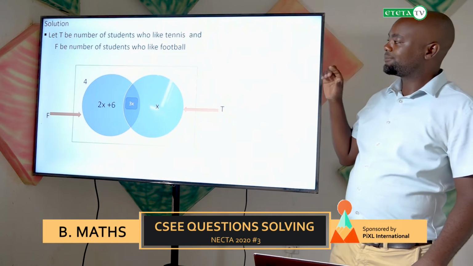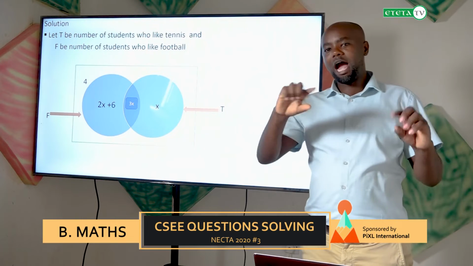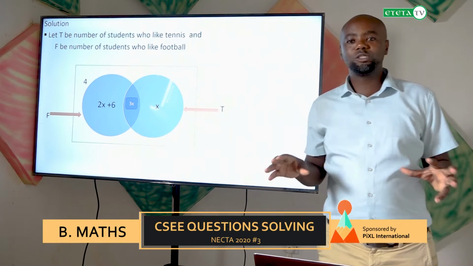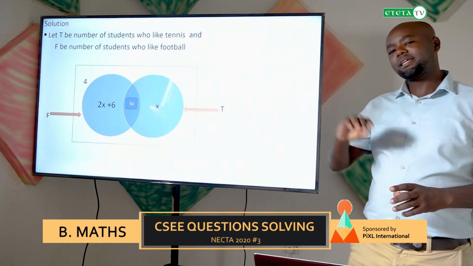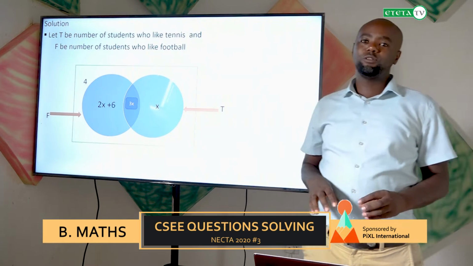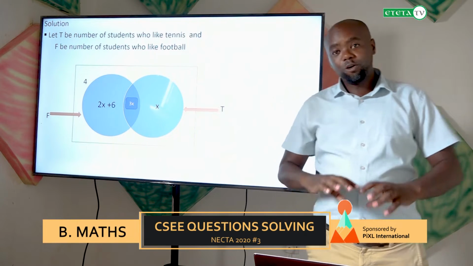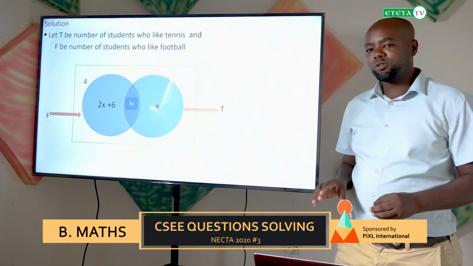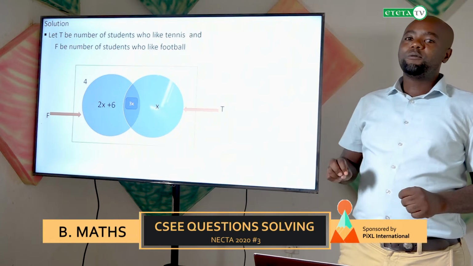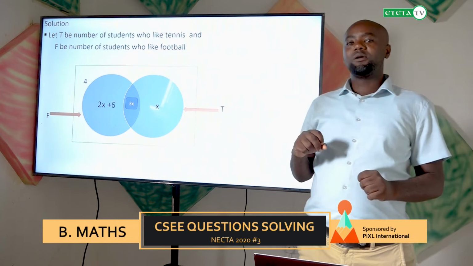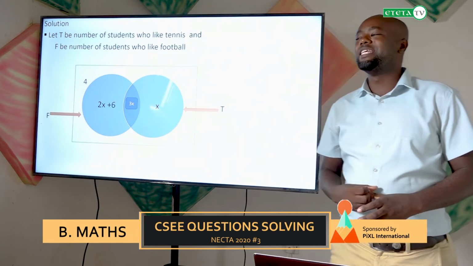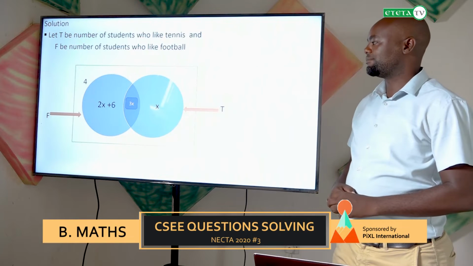And there is the number 4, which is outside of those two circles. Why is 4 outside of those two circles? Because 4 represents all the students who dislike both of them.